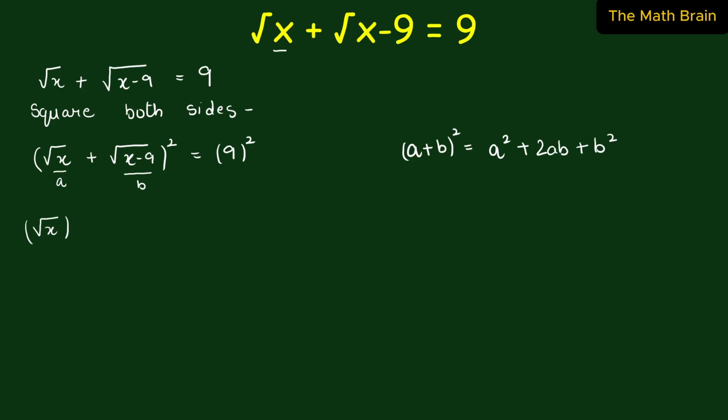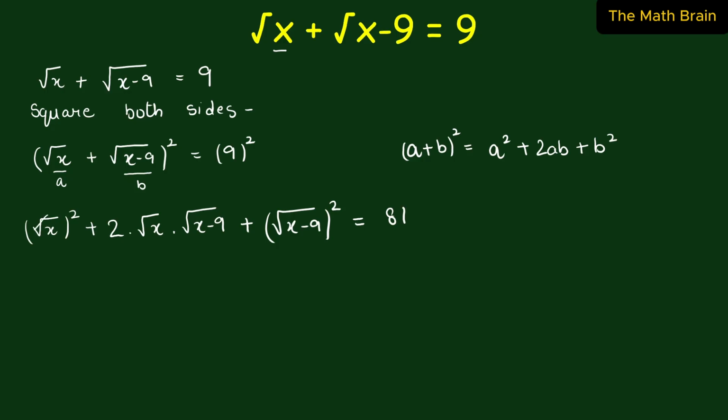(√x)² + 2 into √x into √(x − 9) + (√(x − 9))² is equals to 9² is 81.